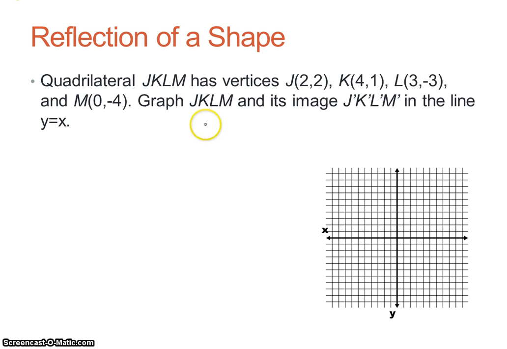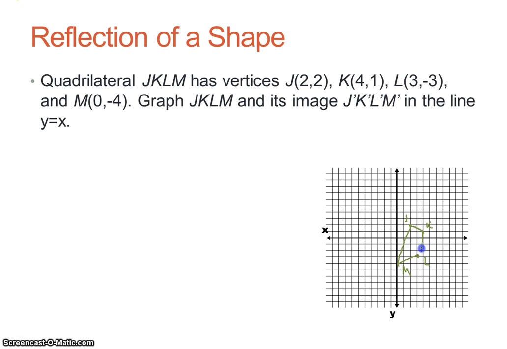So first let's graph our points. We've got 2, 2, that's our pre-image J, 4, 1, that's our K, 3, -3, that's our L, and 0, -4, that's our M.